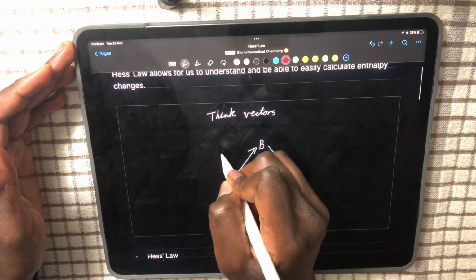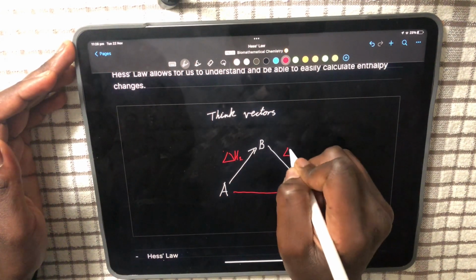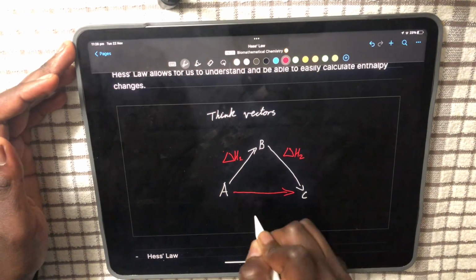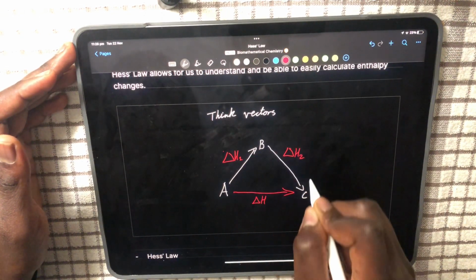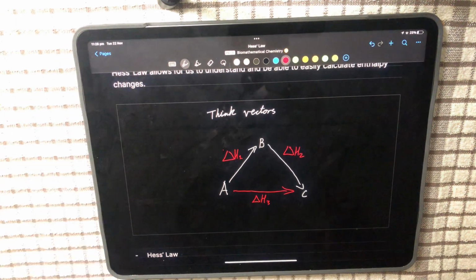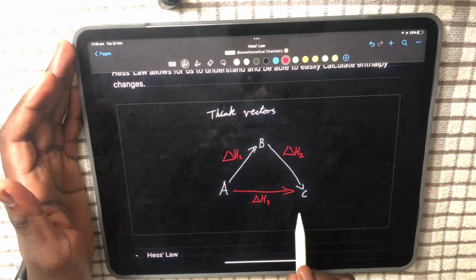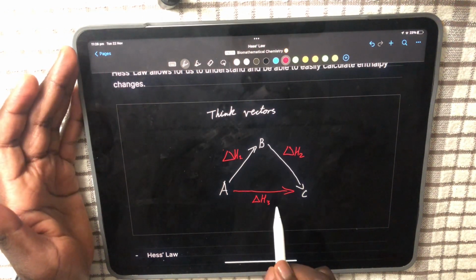And there's delta H. Let's call these delta H1, delta H2, and delta H3, or enthalpy change 1, enthalpy change 2, enthalpy change 3. Also, going by vectors, we know that if we want to get delta H3 directly, we have to do delta H1 plus delta H2.